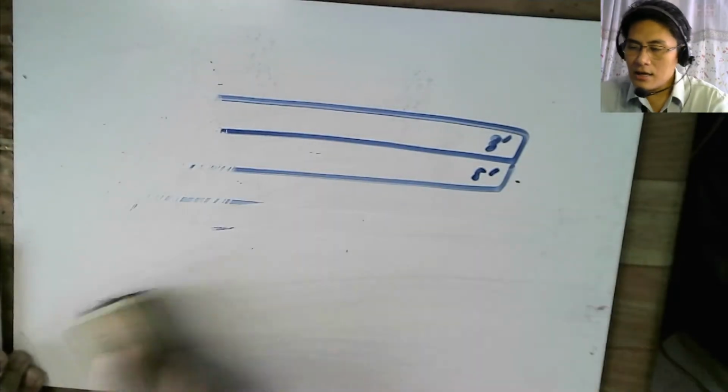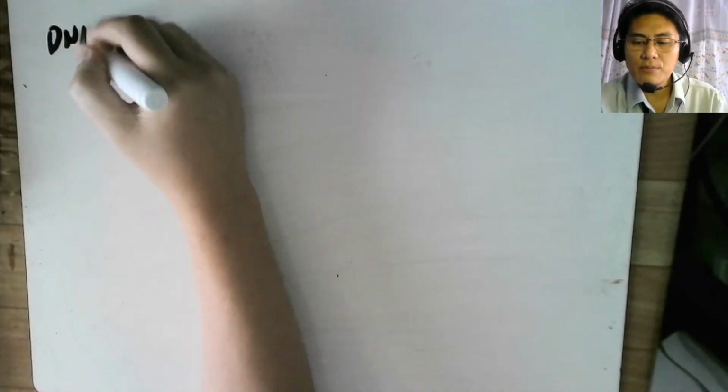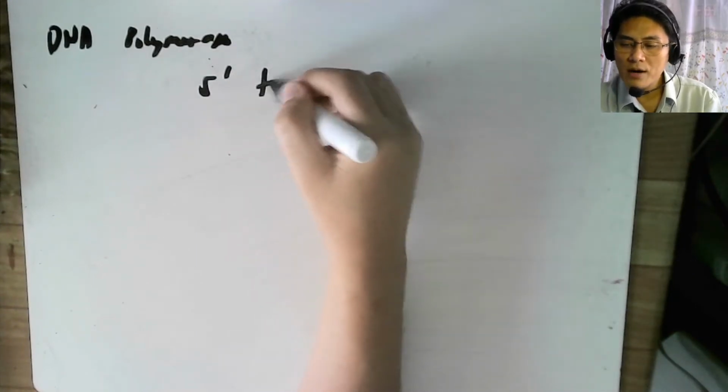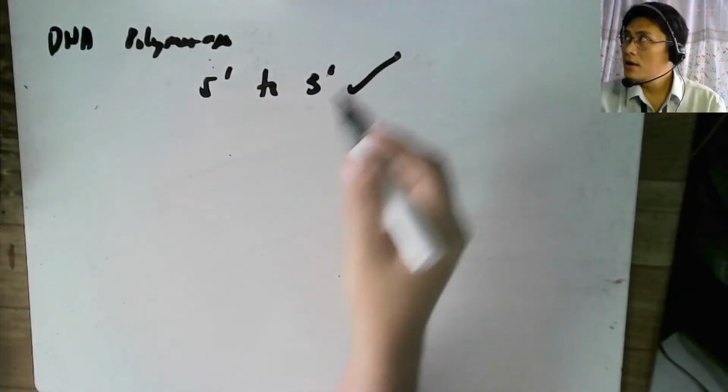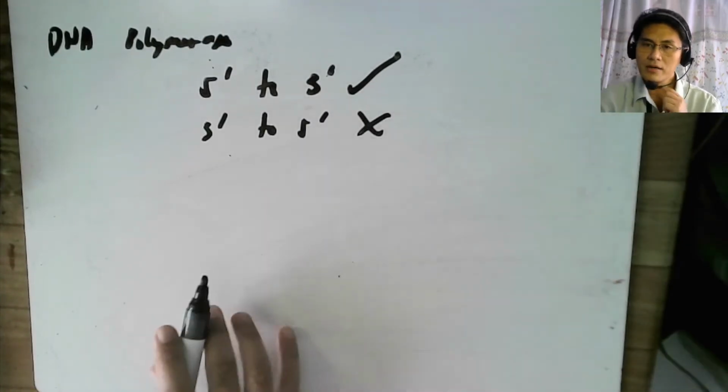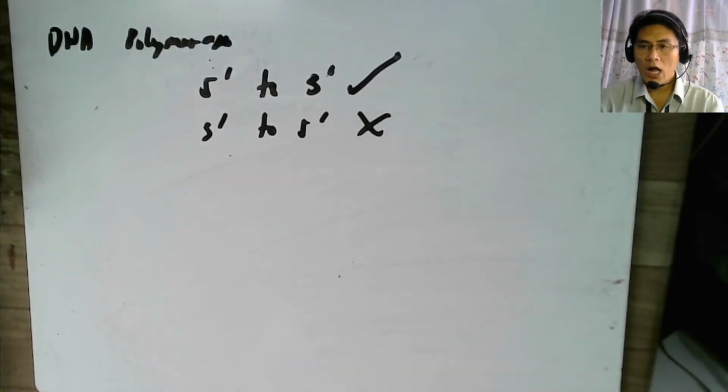Then the next nuance that I would want to point out is this idea that, let's go back to it. The DNA polymerase can only do 5 prime to 3 prime, and it cannot do 3 prime to 5 prime. Okay? So why is this? Well, let's just have an analogy.